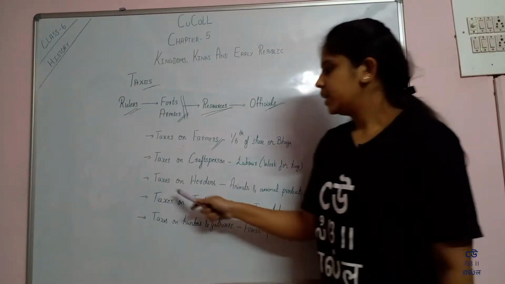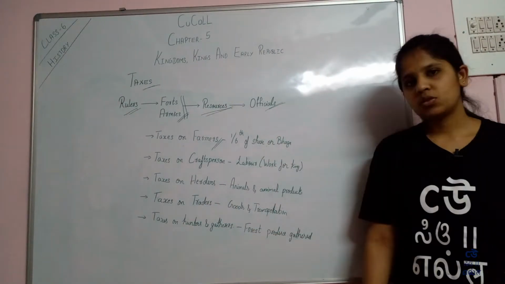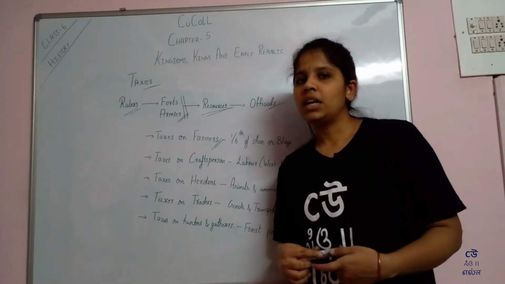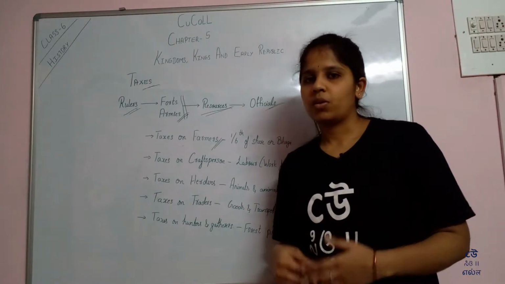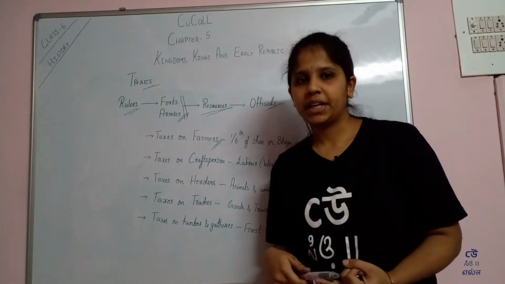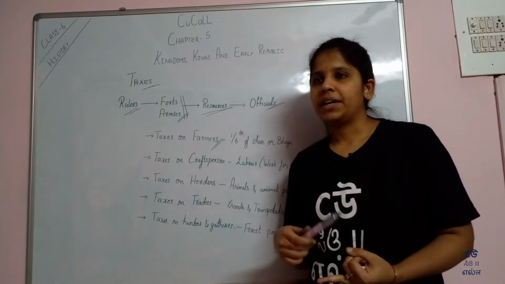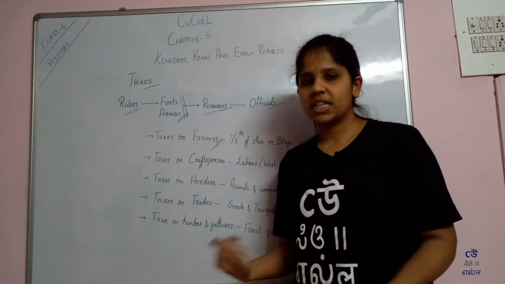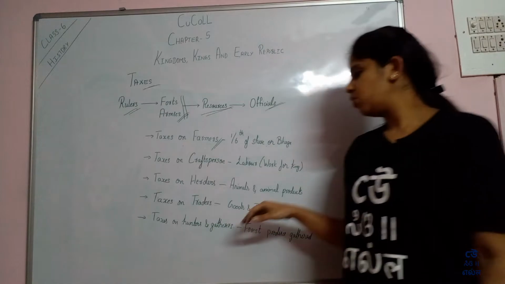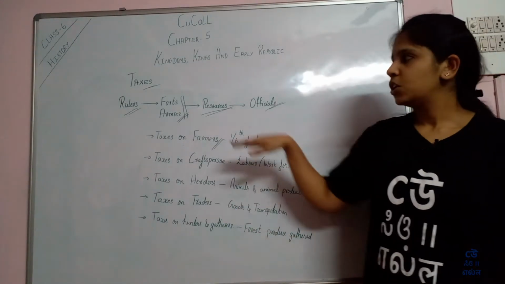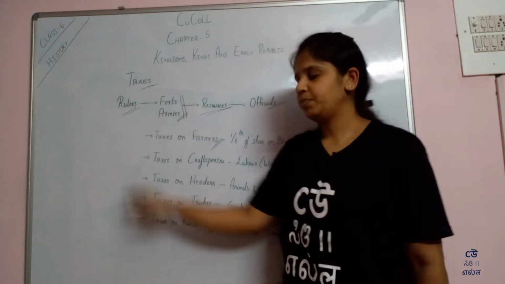And how did herders pay taxes to the rajas? By giving animals and animal products, such as milk, meat, wool, and eggs. So herders had to provide animal products to the rulers.